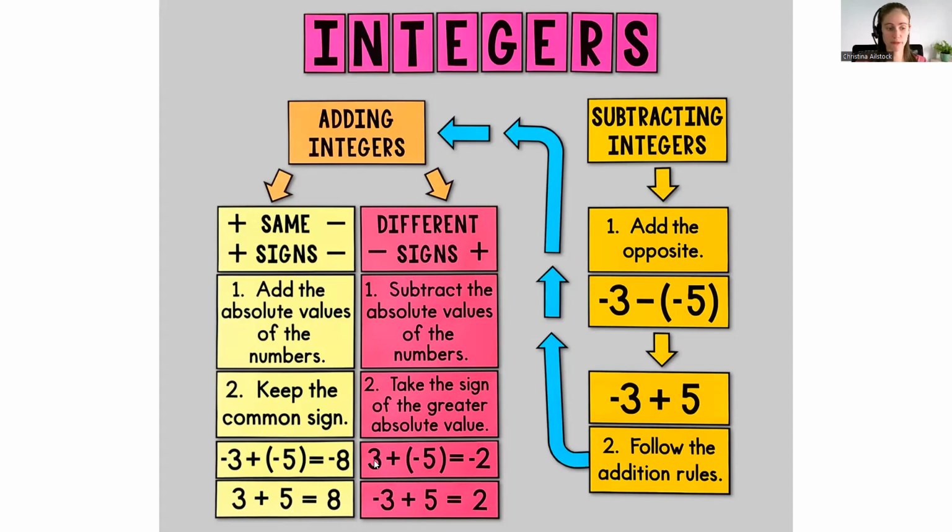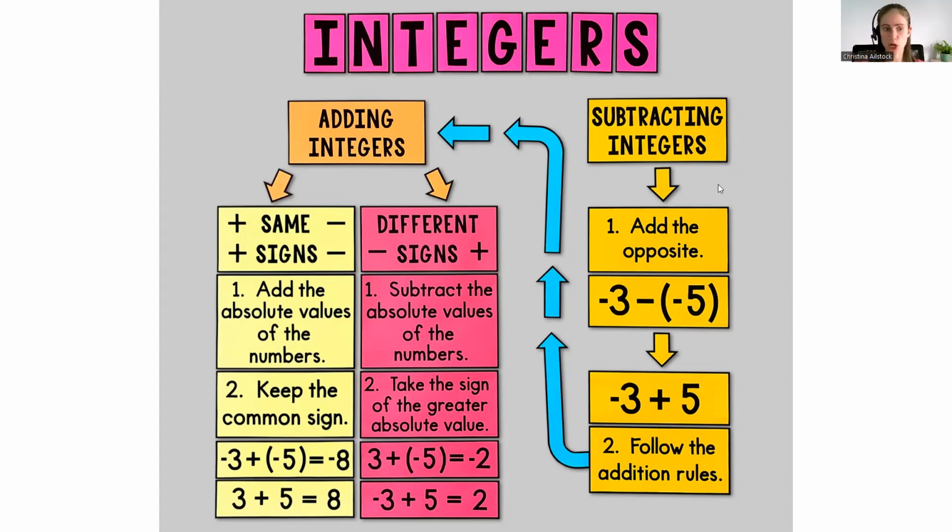There are more 5s than there are 3s, and because your 5 is negative, your 2 would be negative. But in this example down here, -3 plus 5, again their signs are different, so you would subtract, still giving us that 2, but this time it would be positive, because the 5 is heavier, the 5 is positive, that equals that positive 2.